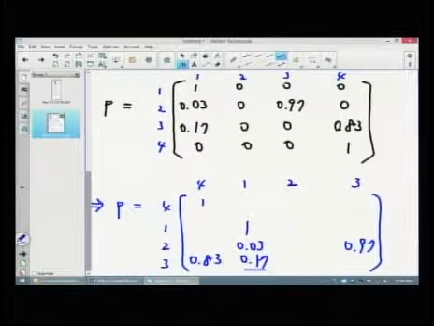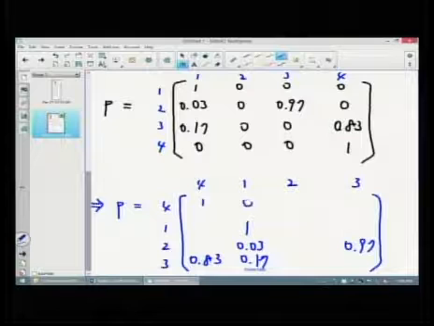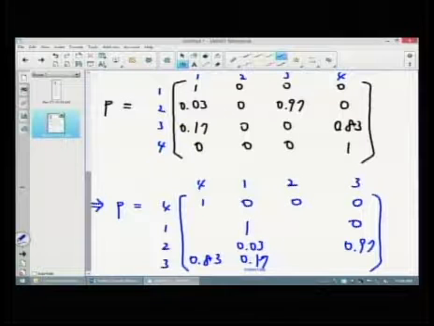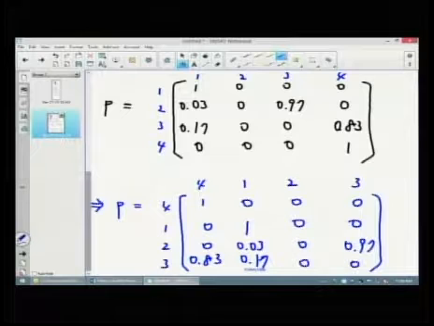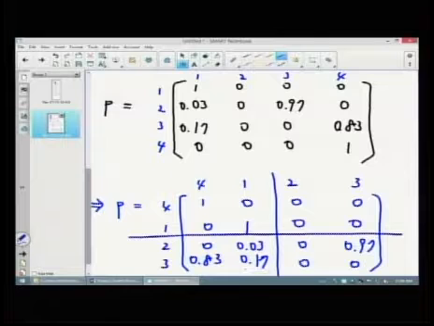What else? Is that all? That's it? All others are 0. Now, we should be able to partition the matrix. Is that right? Easy? Very easy.